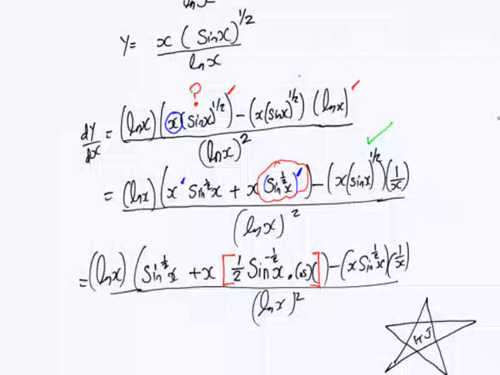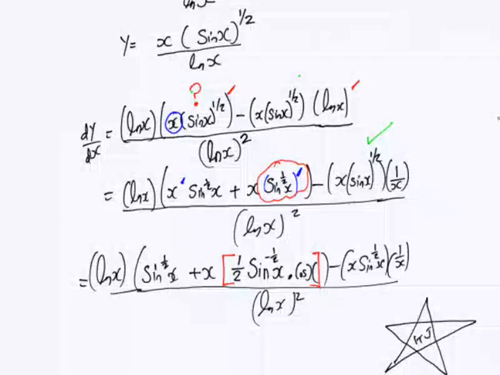Right, so this is 1. So that's just sine power a half x. And sorry, I should maybe put little brackets here. It's the derivative of just that part. Plus x, and now to finish, I'll do it in red here, I need the derivative of this piece.